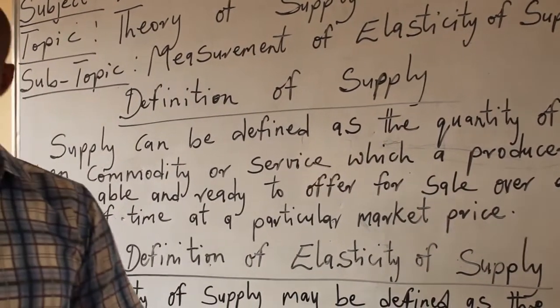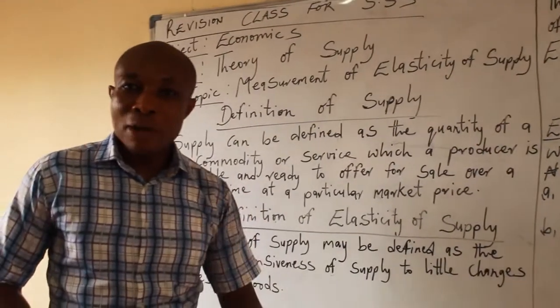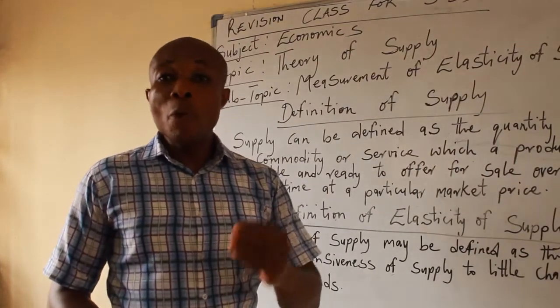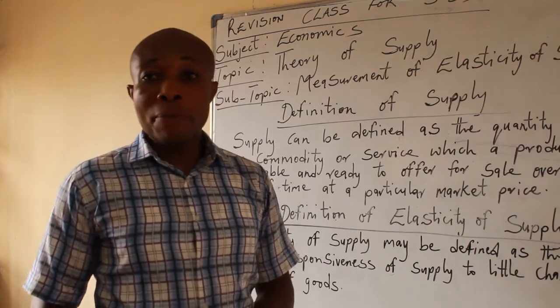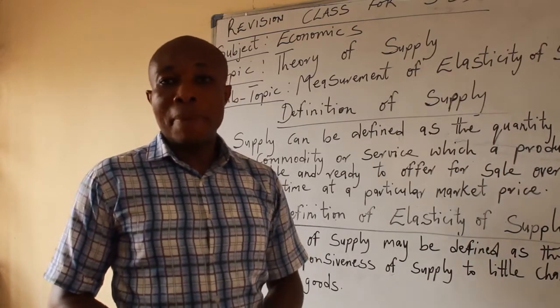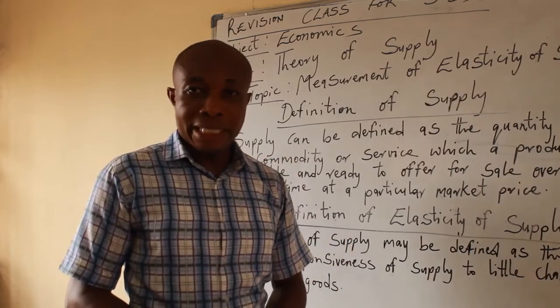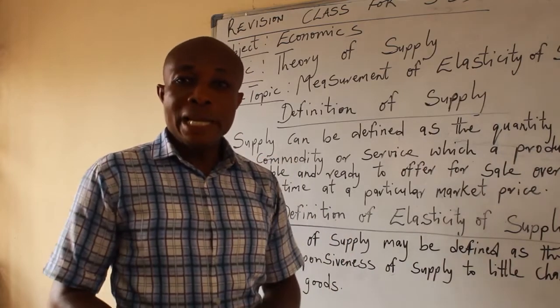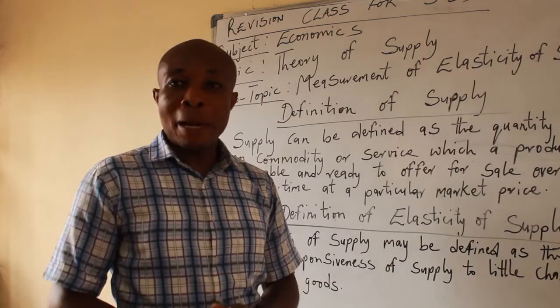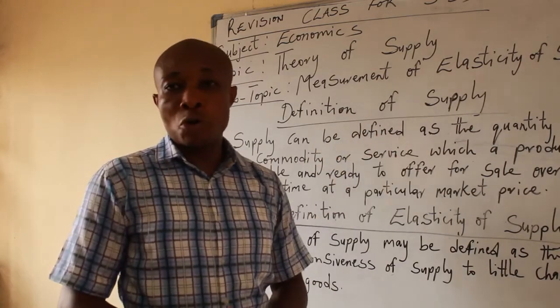A producer can produce as many commodities as possible, but he may not be willing or able to sell at that particular price. That means the quantity he is willing to offer for sale is what we call supply, not the total production.